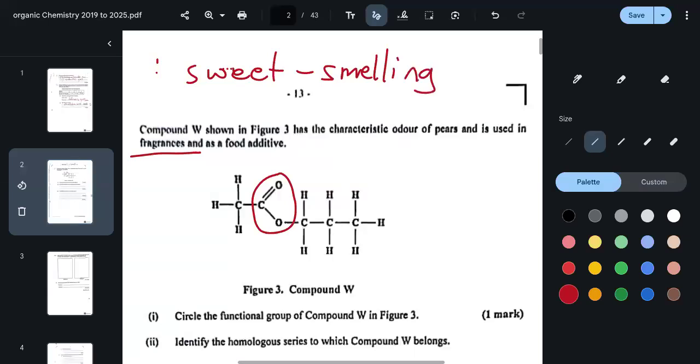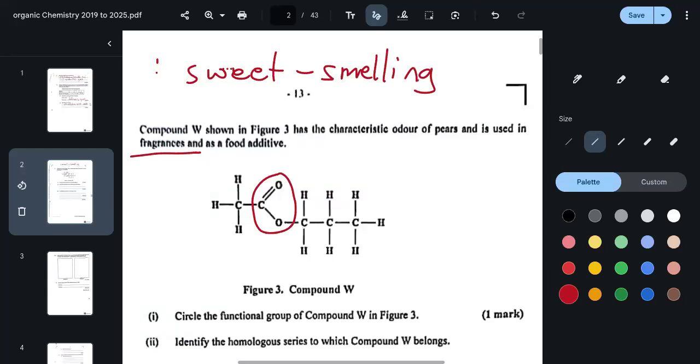If you make an ester in the lab, it should give off a sweet, nice scent. So once they mention fragrances, that's a giveaway that it's an ester they're talking about.